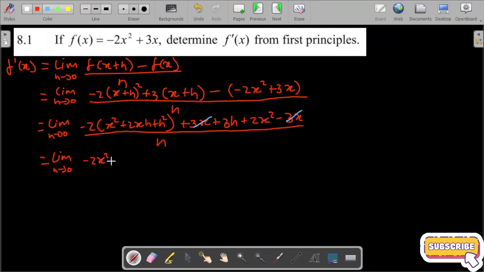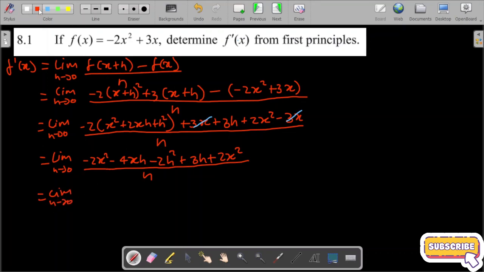Then this and this give me a negative 4xh. Then this and that give me a negative 2h squared. And then this and this, they already cancel. So I'm left with positive 3h, then plus 2x squared, and then all over h, and then the limit as h approaches 0.